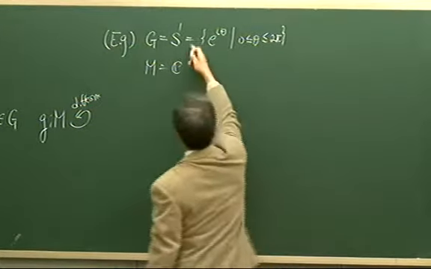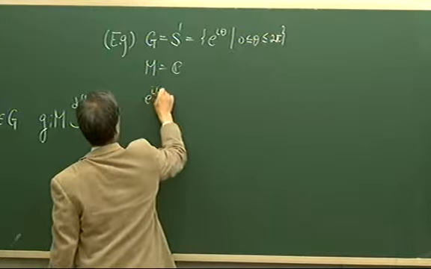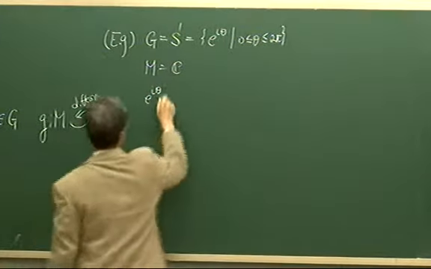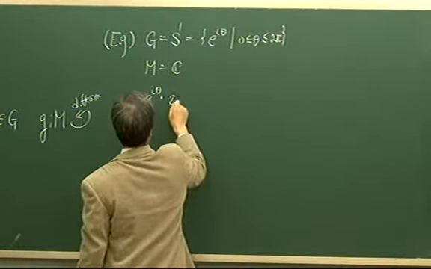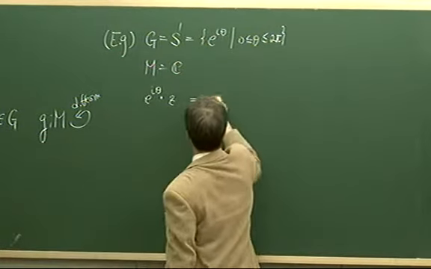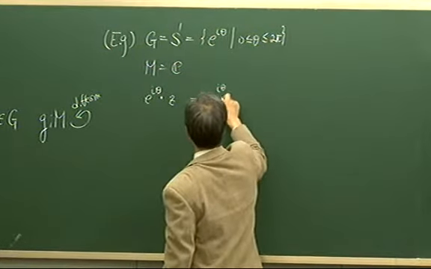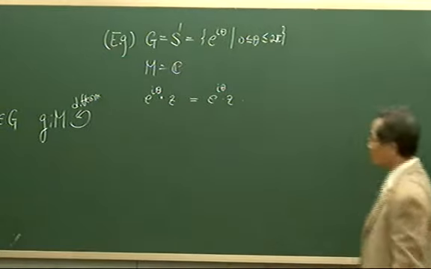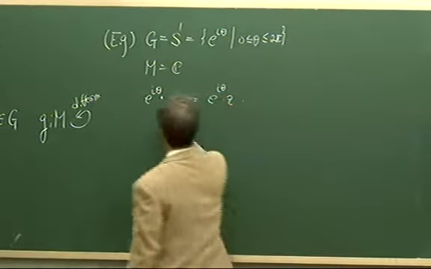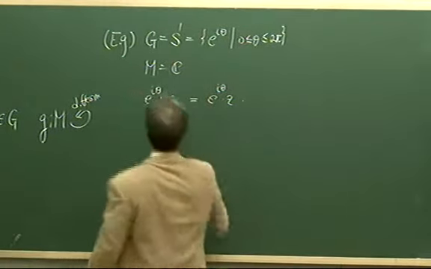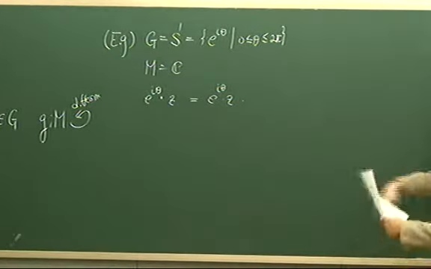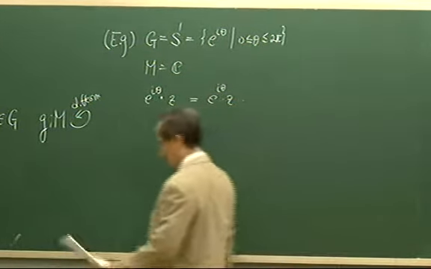Then the group element e to the i zeta is acting on an element of the complex plane. This is just multiplication. That's the group action.